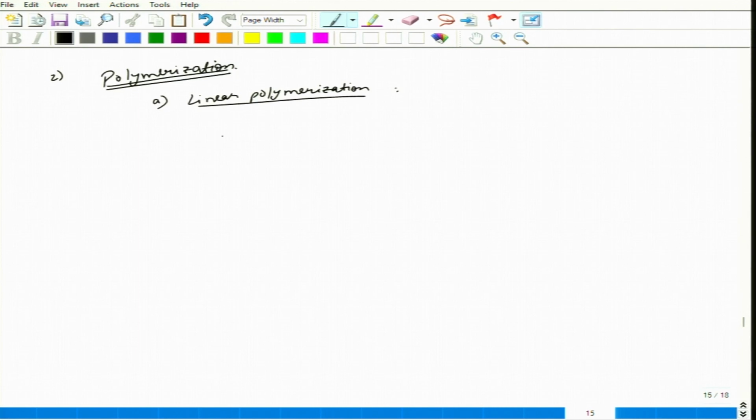For example, let us take ethyne. If this is polymerized under suitable conditions, what will happen? We can form polyethyne, that means this kind of unit will be repeated again and again.